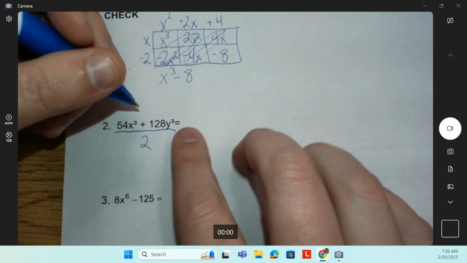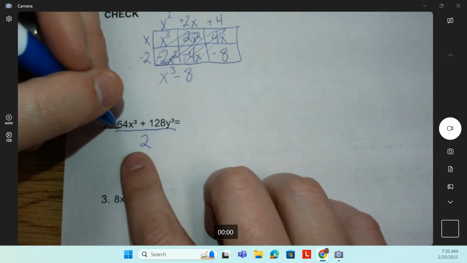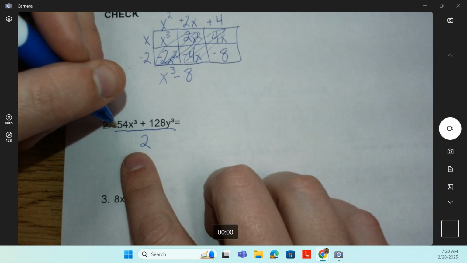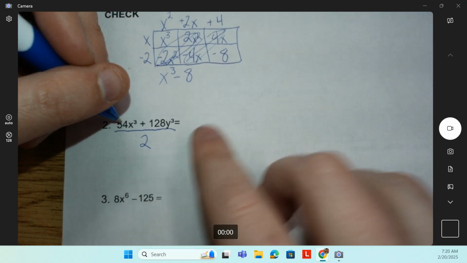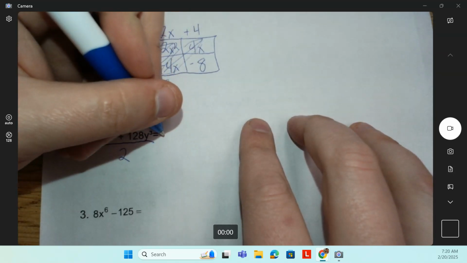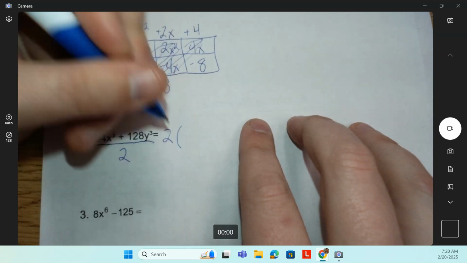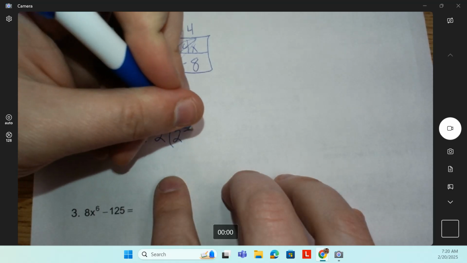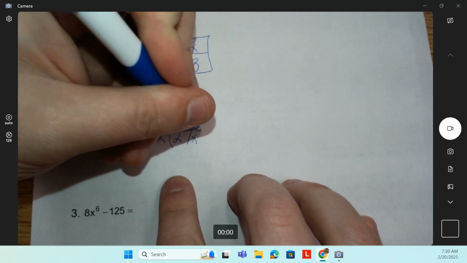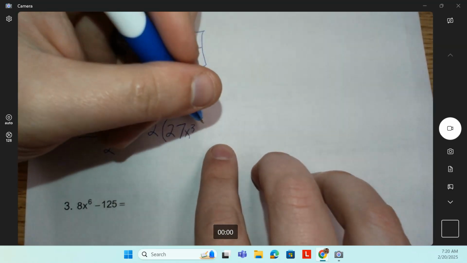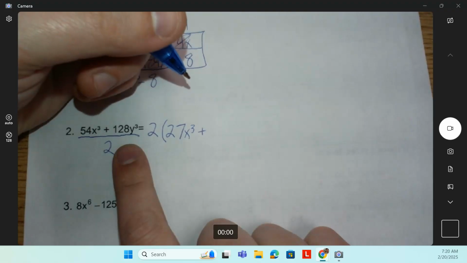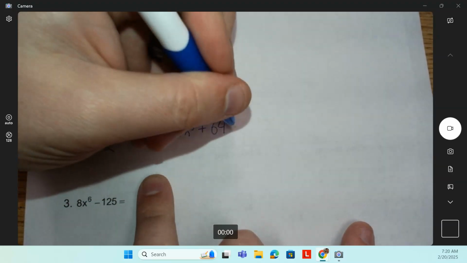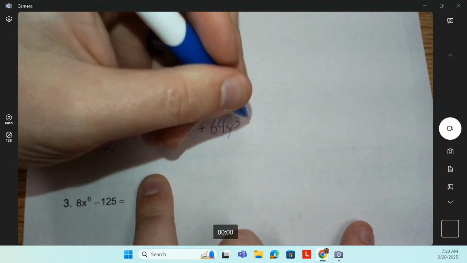So if I divide them by 2, half of 54 would be 27. And that 2, remember, is not going to go away, so I'm going to put it out front. I have 27x to the third power plus half of 128, which is 64, y to the third power.